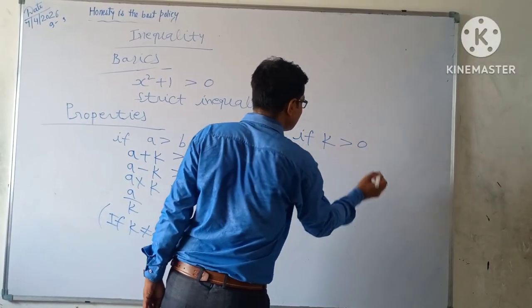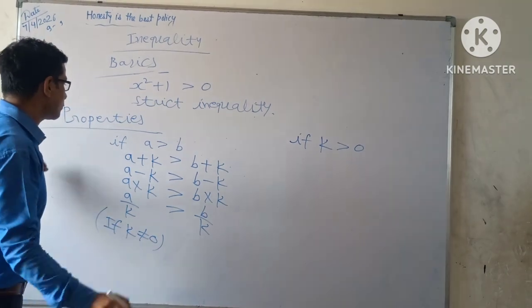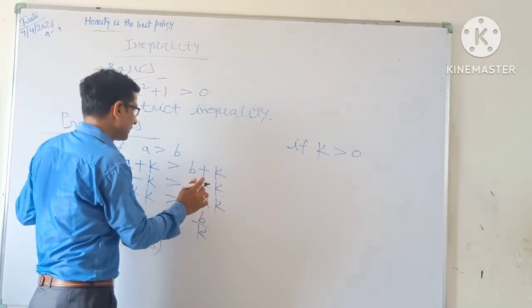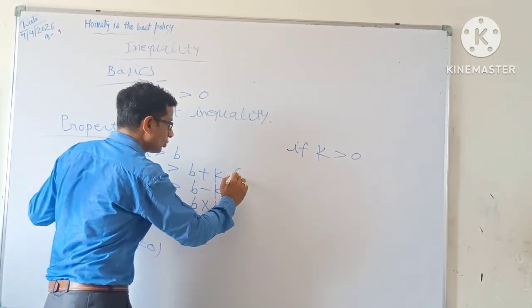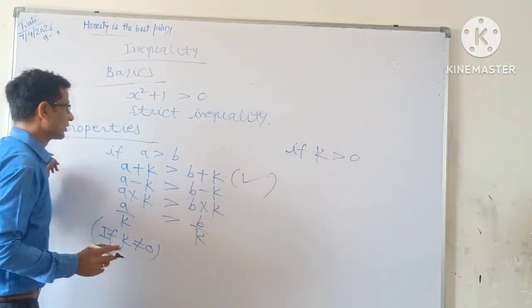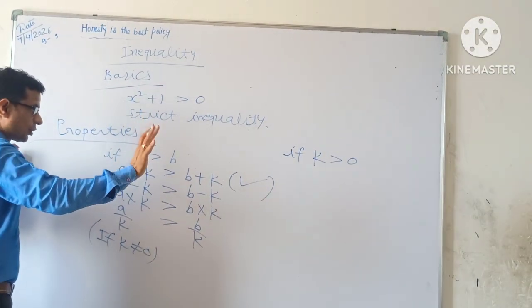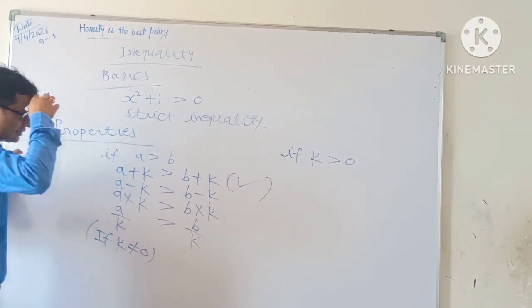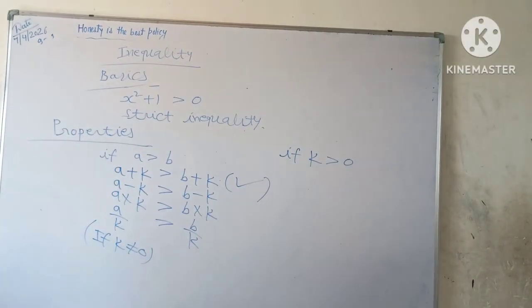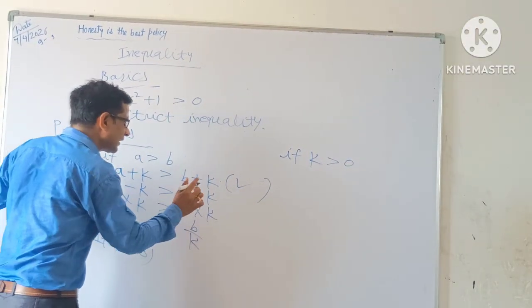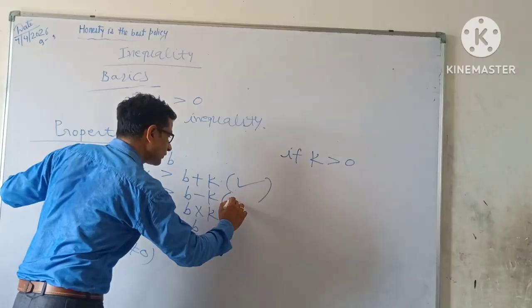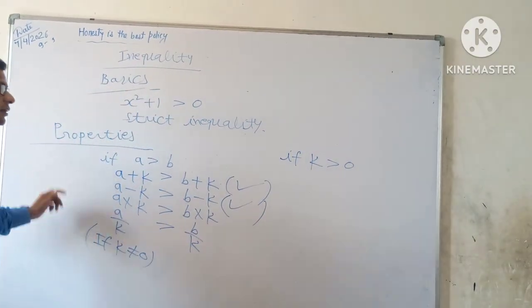If K is greater than 0, there is no doubt that A plus K greater than B plus K holds true. If A is greater than B and K is positive, then A plus K is greater than B plus K. And A minus K is also greater than B minus K. This is also right for every K.